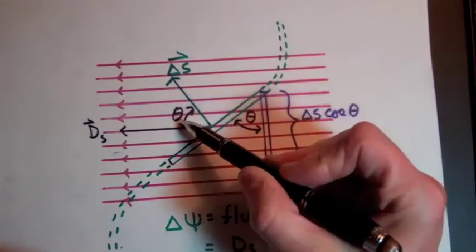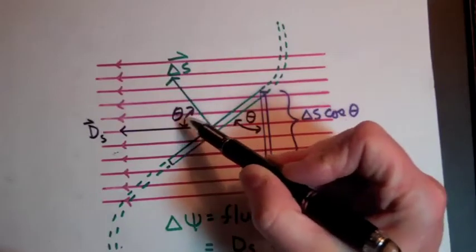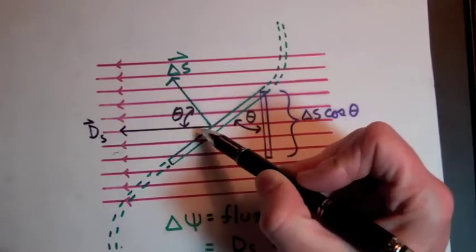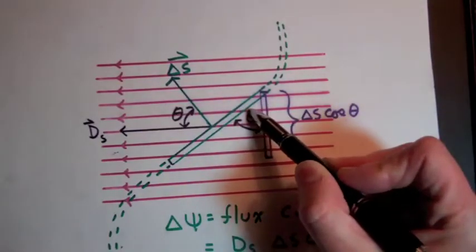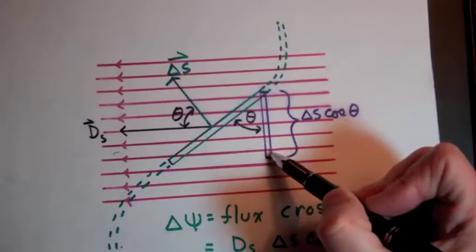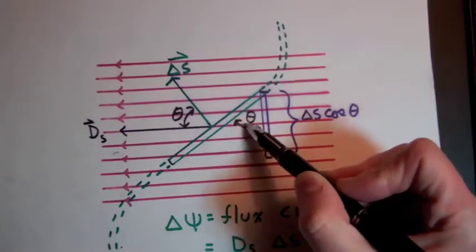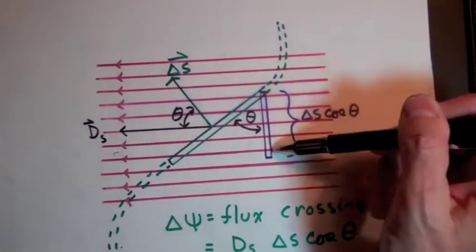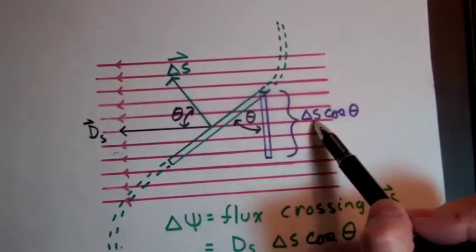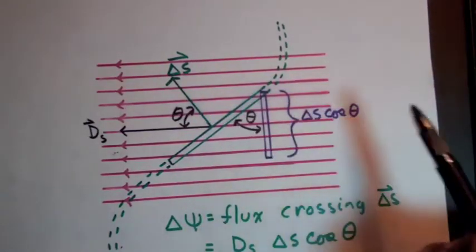Now, if the angle is theta between our surface element and the electric flux density field, the angle here between our surface element and the projection of our surface element is also theta. So the cross-sectional area here will be the hypotenuse delta S times this angle cosine of theta.